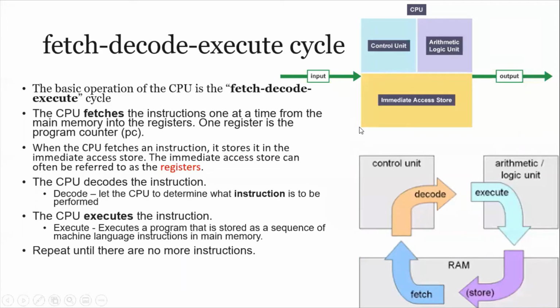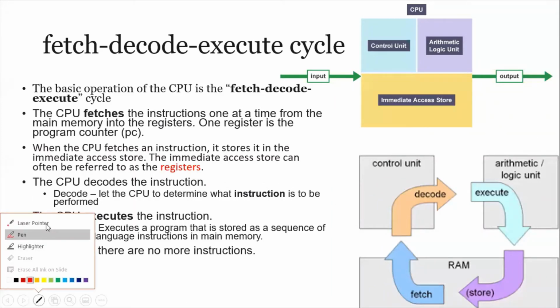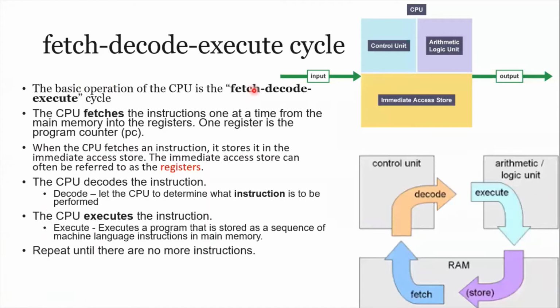Right. I'll explain this slide again. What happens here, the fetch, decode, execute cycle, is how the processor or the CPU executes the instructions. I told you there are a set of instructions. Now you may see this input, process, and output cycle, the same cycle that I'm continuously speaking about.